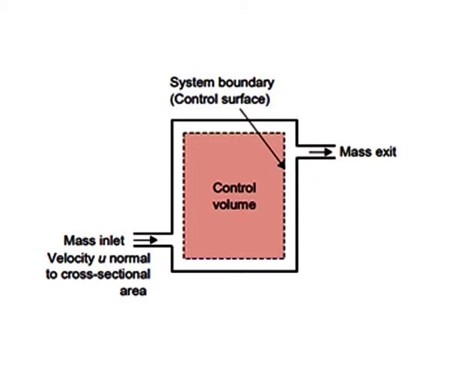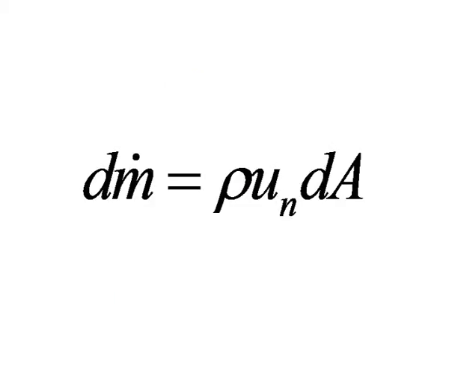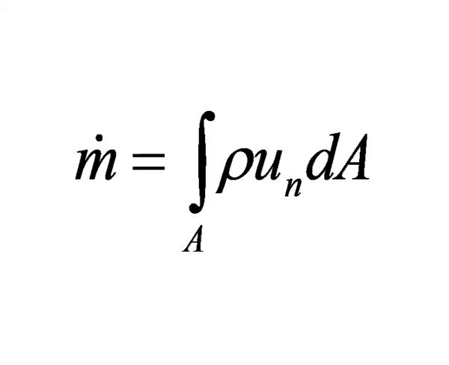Thus, if the fluid particle crossing the boundary has a velocity u subscript n, then the rate of mass flow into the system may be expressed as dm dot is equal to rho into u subscript n into dA. Integrating over a finite area, m dot is equal to integral A rho into u subscript n into dA.